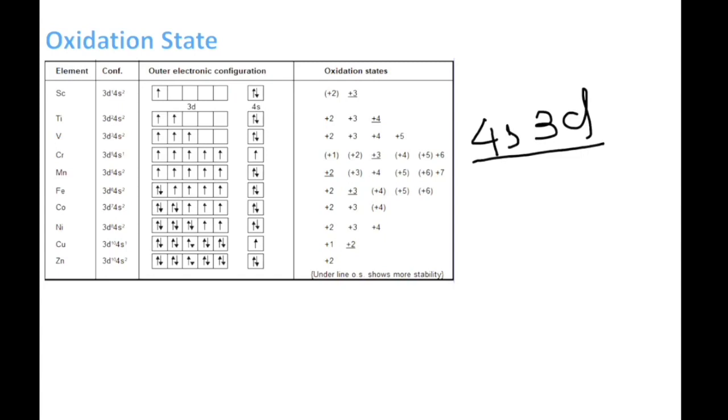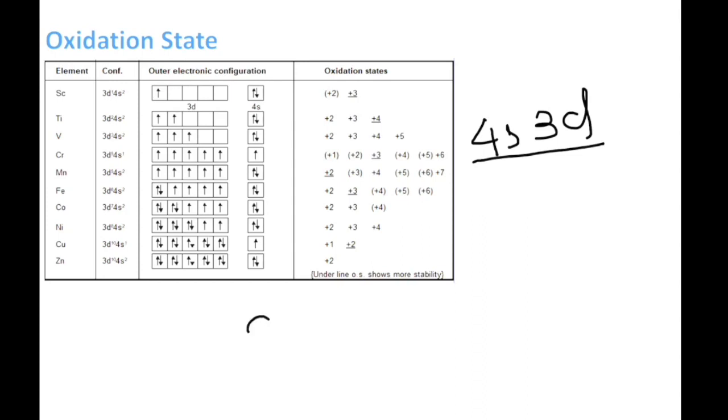The covalent bond is mainly due to the sharing of unpaired electrons. So the number of unpaired electrons possible in the 4s and 3d orbitals, that number of electrons can participate to form covalent linkage.